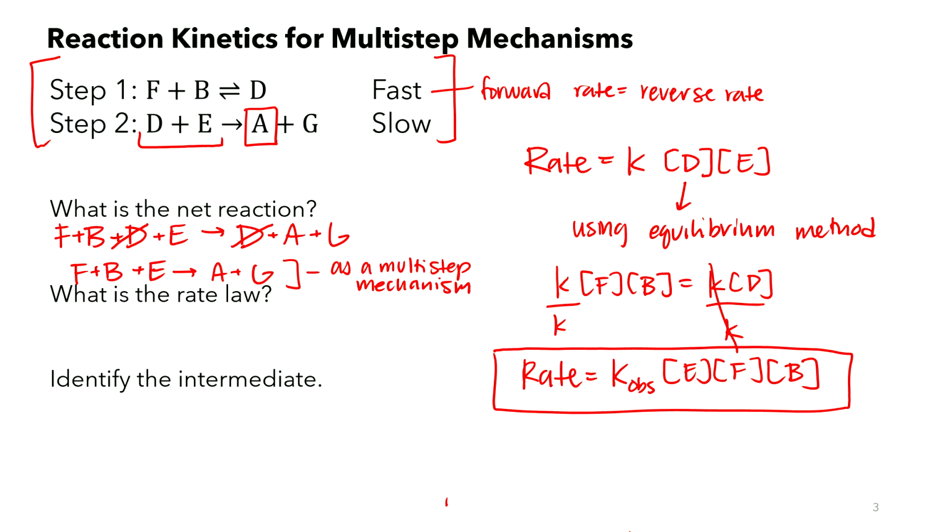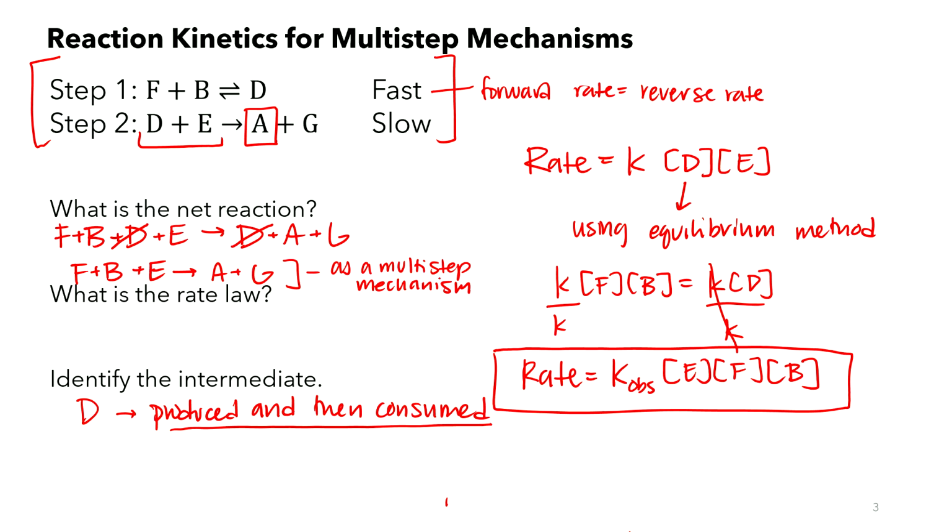If I give you 5 mechanisms, you're going to have to go through and solve for the rate law for each one, and then be like, oh, this mechanism gave me the observed rate law. That must be the mechanism. Okay? That way we get you to do a lot of work. Okay? And then, of course, the intermediate here is D, because it was produced and then consumed. That's our definition of an intermediate.